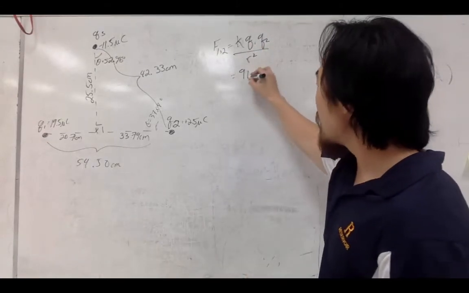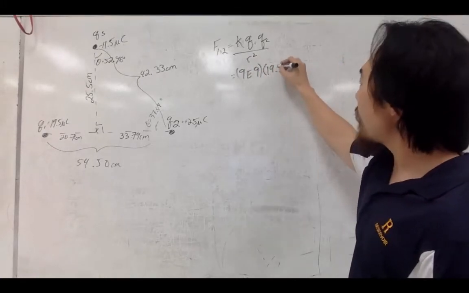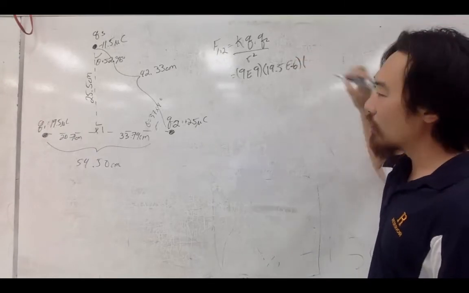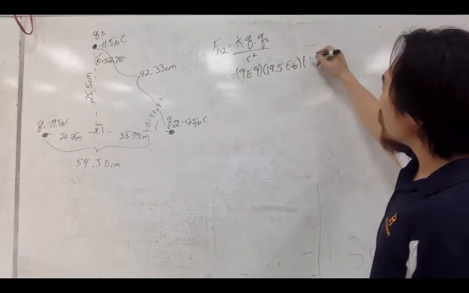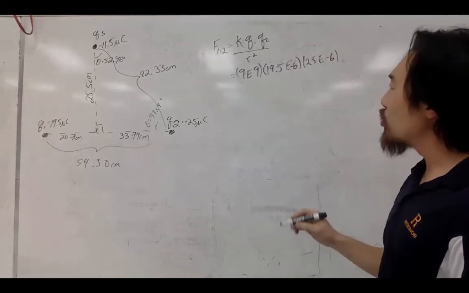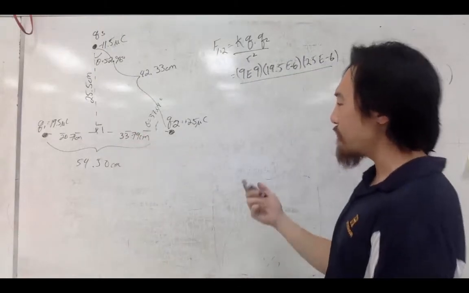K is 9 times 10 to the 9. Q1 is given to us as 19.5 times 10 to the negative 6, which means microcoulombs. And charge 2 is 25 times 10 to the negative 6 microcoulombs. And the distance from charge 1 to charge 2 is 54.5 centimeters.